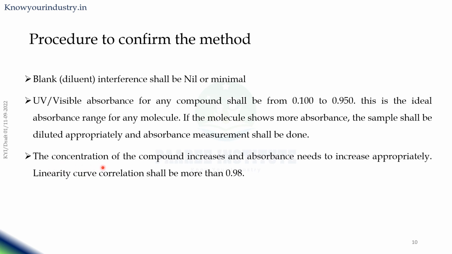As per Beer-Lambert's law, as the concentration of the compound increases, the absorbance also increases. Hence, in the linearity curve, if you increase the concentration, the absorbance also increases. Then you should get a correlation through a linearity curve, which should always be more than 0.98.